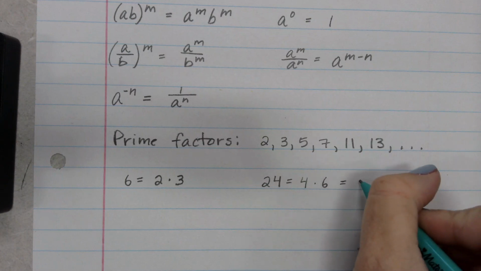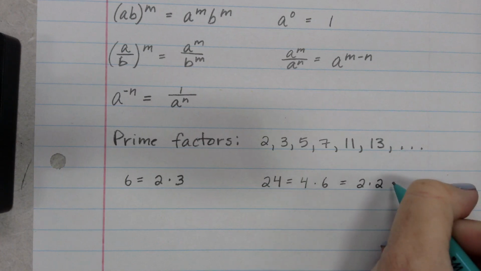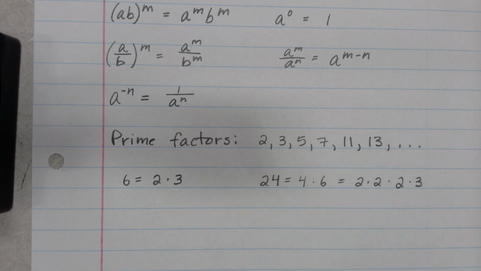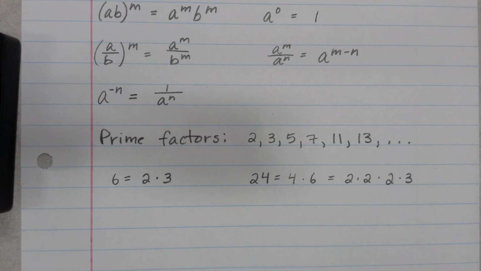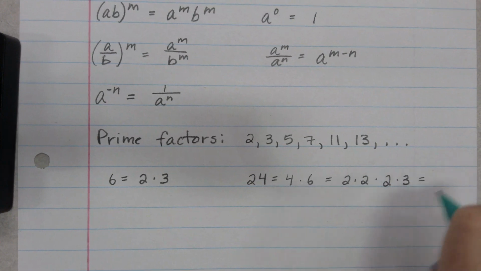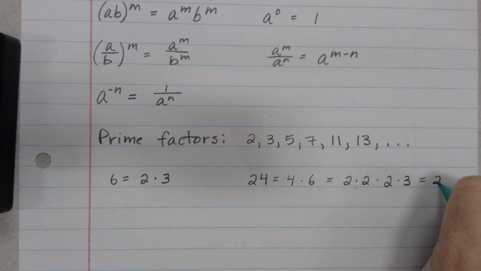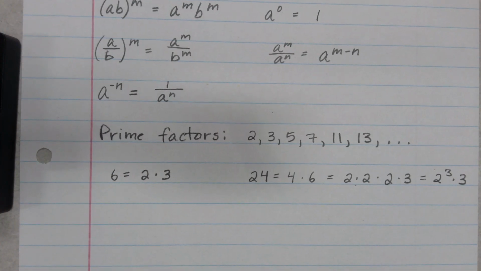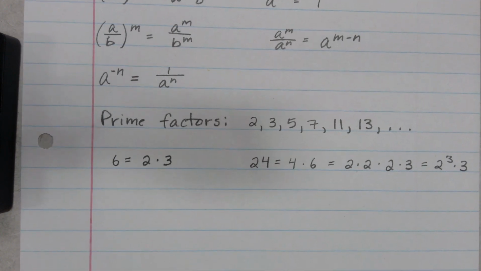Our 4 can be rewritten as 2 times 2. Our 6 can be rewritten as 2 times 3. But then using exponential notation, this is 2 to the 3rd times 3. Okay, so we will want to be able to do that for these problems that we're going to work on next.